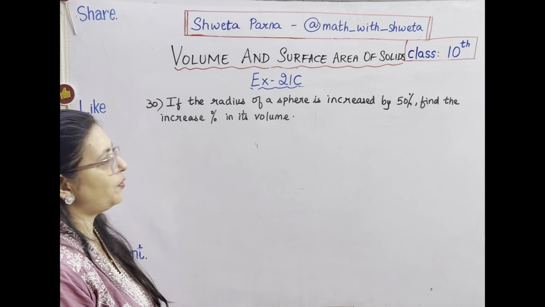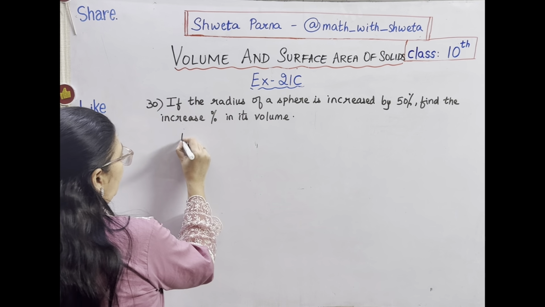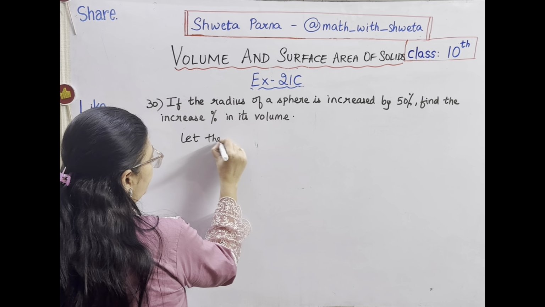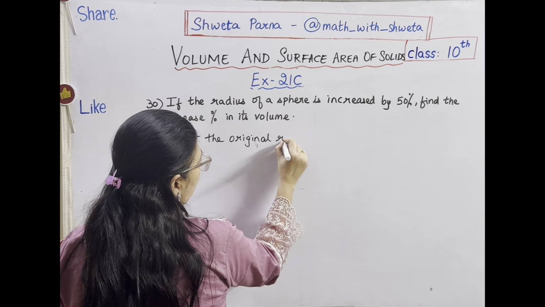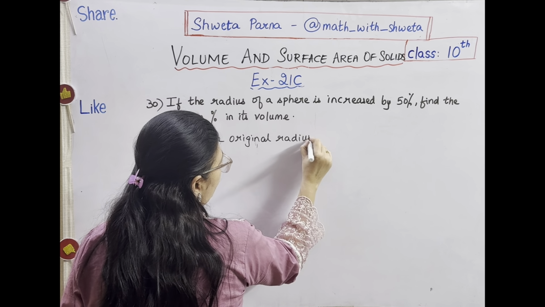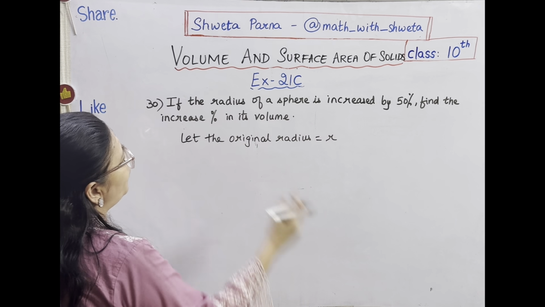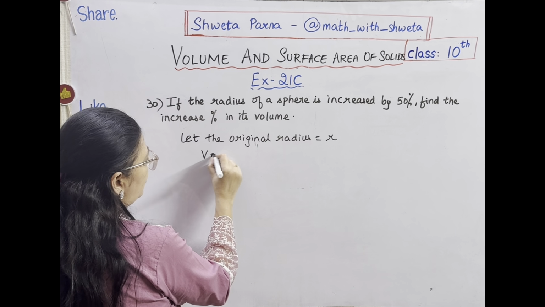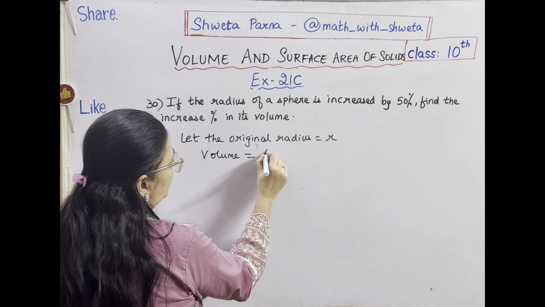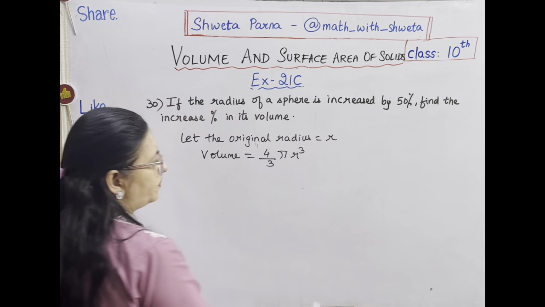If the radius of a sphere is increased by 50%, so let the original radius be r. Okay. Now, you have to find the increase percent in its volume. So, what is the volume of a sphere? Volume is 4 by 3 pi r cube.